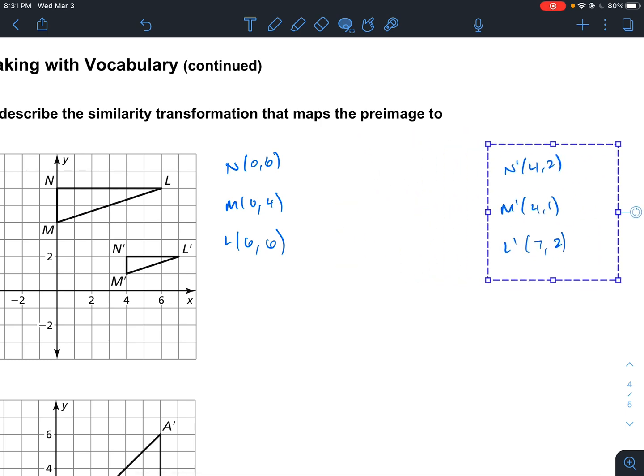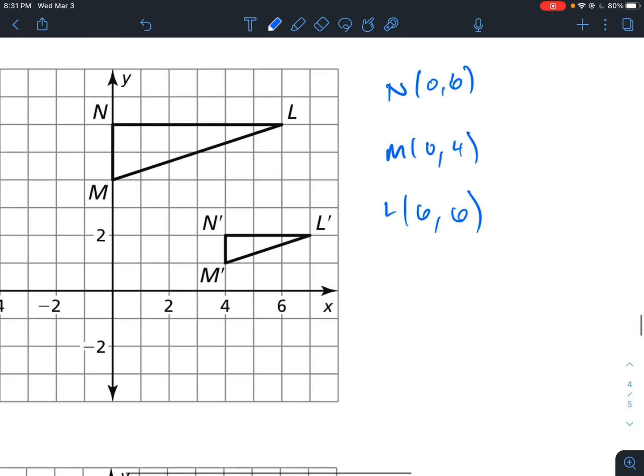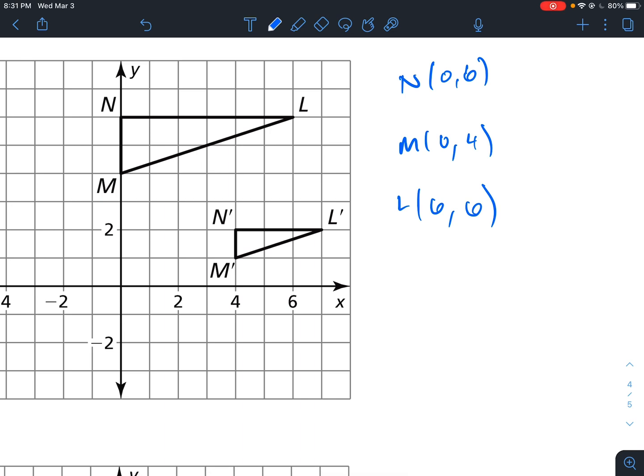Okay, I'm going to move these off here to the side a bit. So first of all, notice that the shape is different, right? So this is a side length of 2, this is a side length of 1. This is a side length of 1, 2, 3, 4, 5, 6. This is a side length of 3. So obviously, N prime and L prime, that triangle is 2 times smaller.